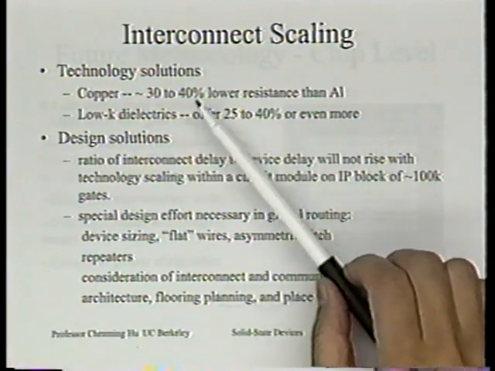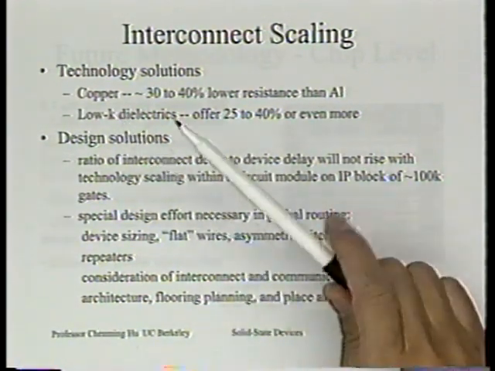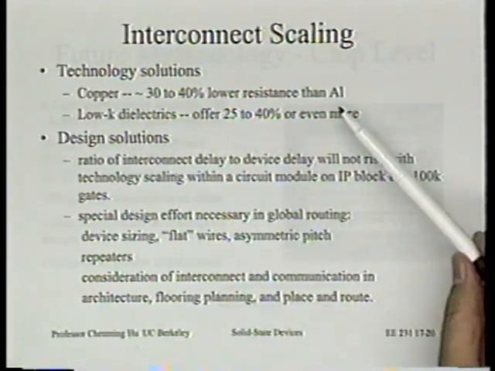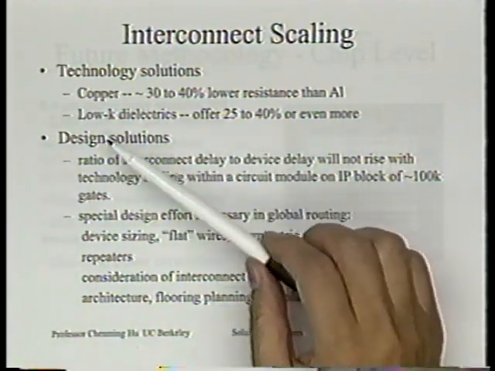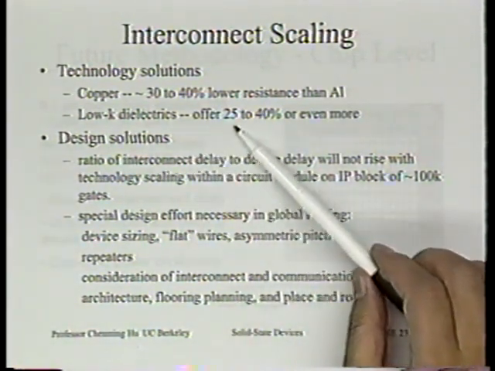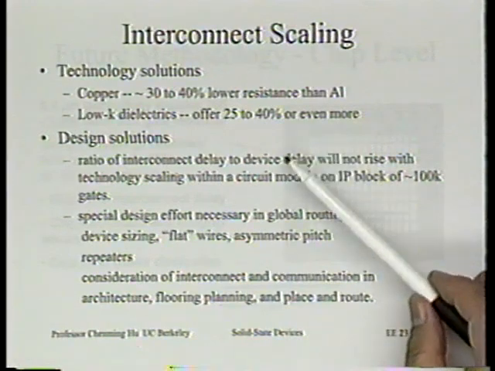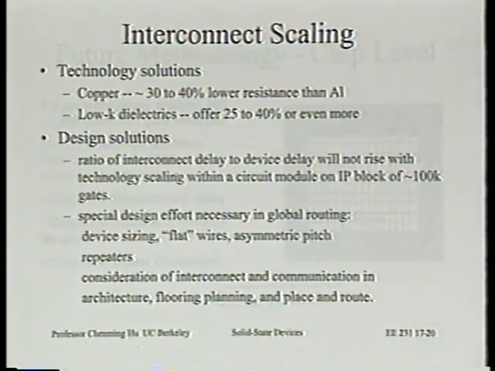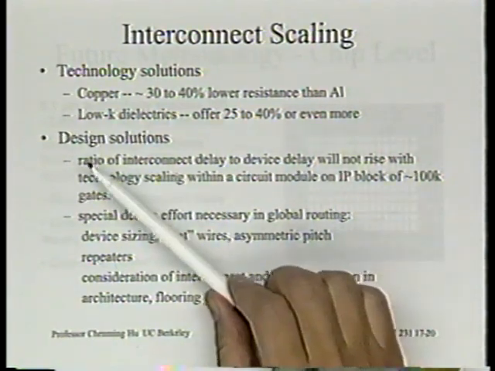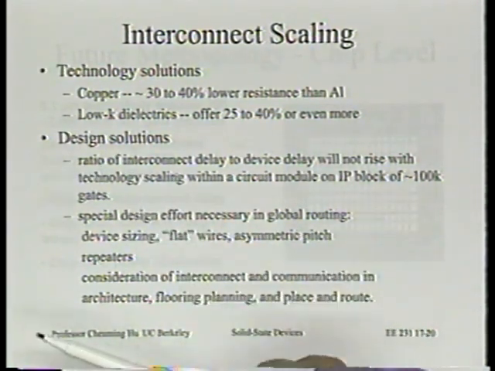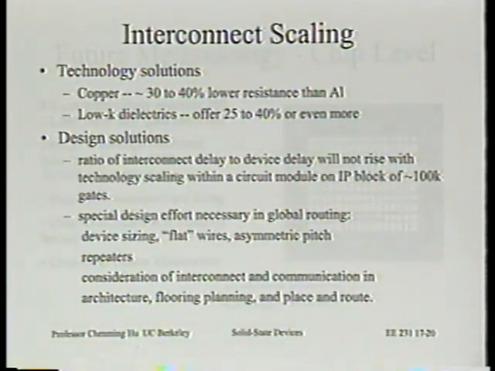There's the technology solution. There's the copper, 30 to 40% lower resistance than aluminum, which is beginning to happen. Low K dielectrics offer 20, 40% or maybe even more improvement, but this takes time to happen. Design solutions take even longer, so the design side certainly is very important.